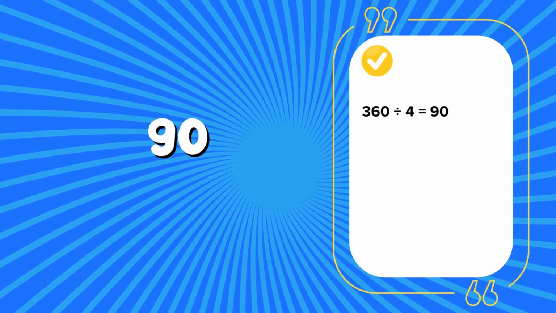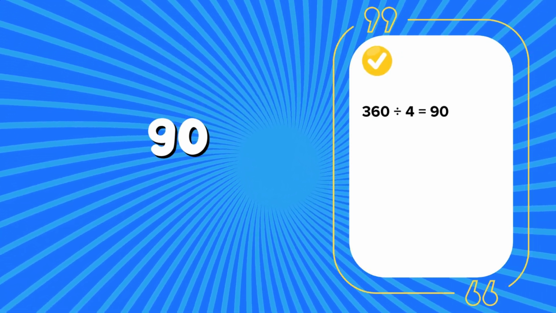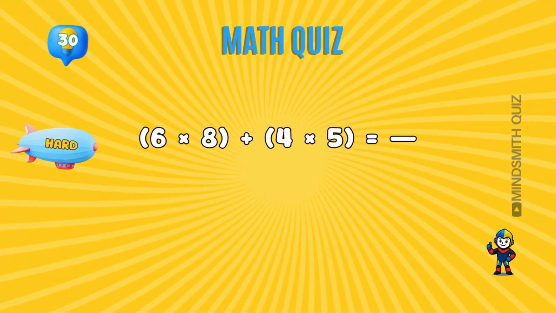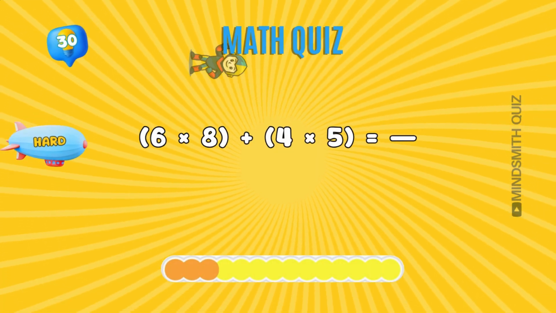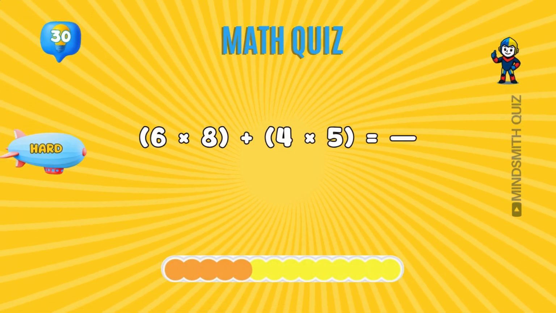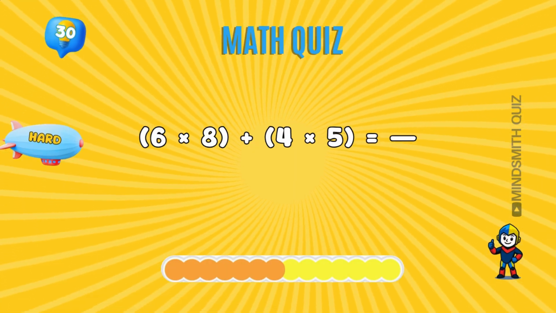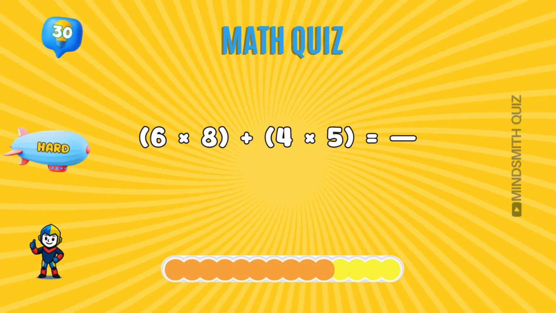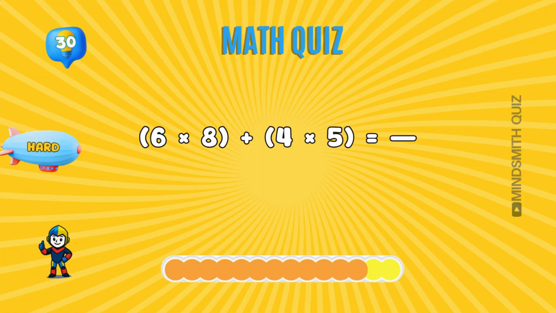The answer is 90. 6 times 8 plus 4 times 5 equals. It's 68.